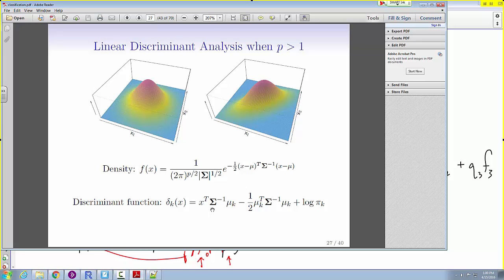It's a scaled version of the correlation. As soon as you have multivariate data, you have this co-relationship possibility. So instead of just two variances, one for each of the two variables, we need the two variances and their covariance. So that capital sigma is a 2 by 2 matrix. The variances are in the diagonal, and the covariance, which is symmetric about the diagonal, is in the off diagonal.